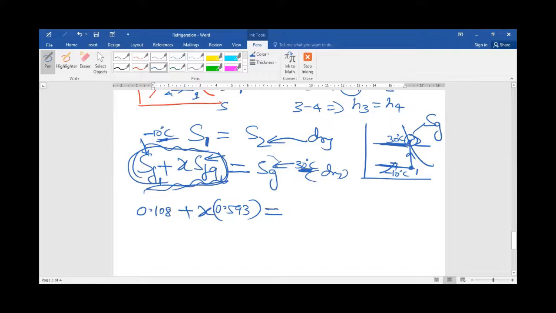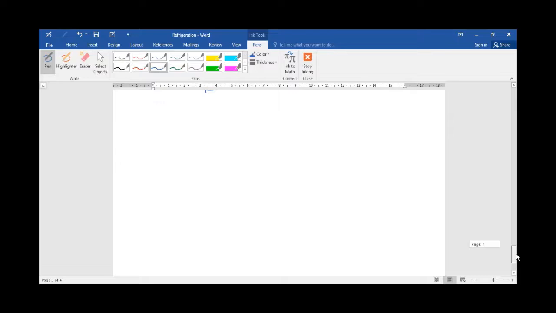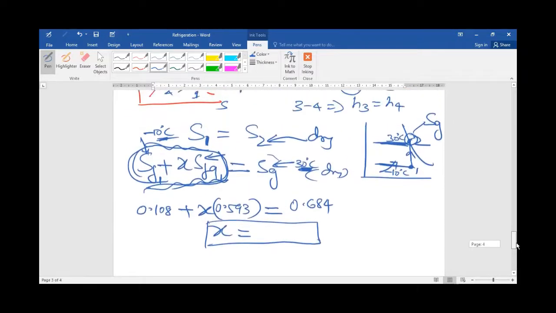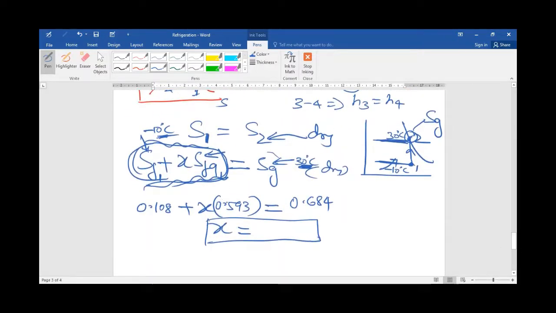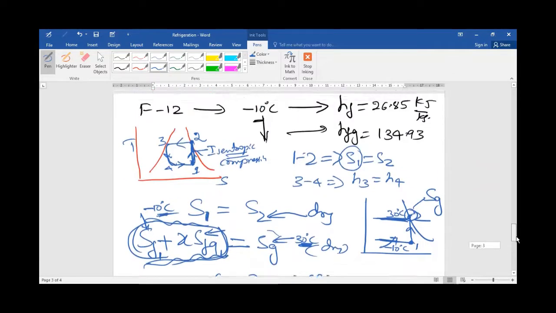So at dry 30 degrees Celsius, the value of entropy is 0.684. So using this equation, you can calculate X. Okay, calculate X. That X value you have to substitute in the enthalpy equation.